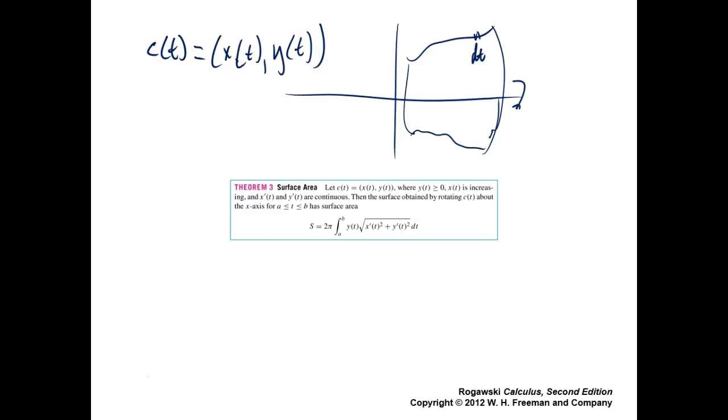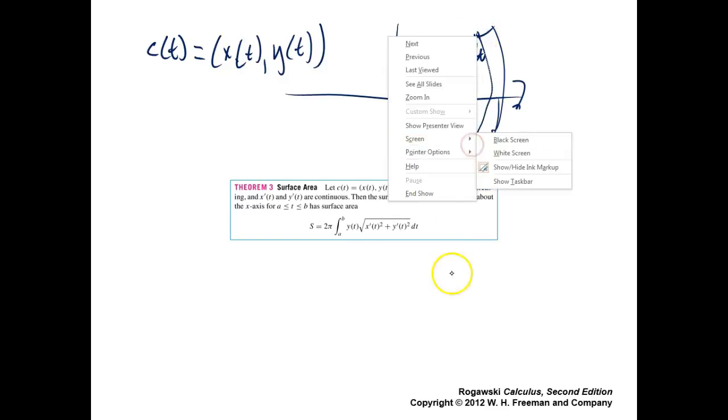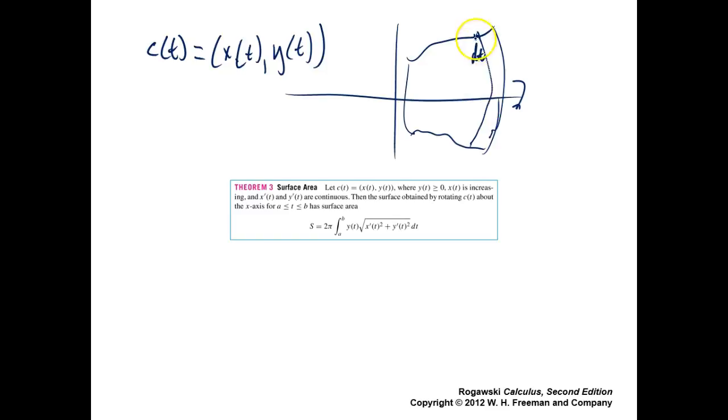So what we've got here is this little segment, represented by that dt, is going to go around the thing. That little segment's going all the way around, and that's really a circular thing there, okay? And what is the area of that little strip that goes around like that? Now, dt isn't what it is, but it's represented by dt.